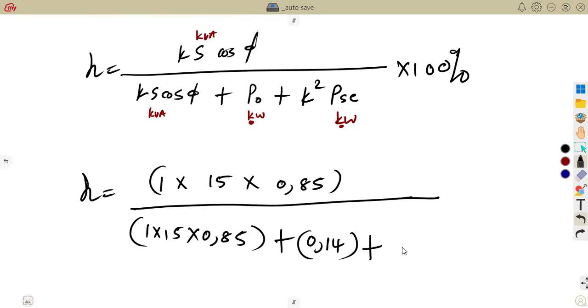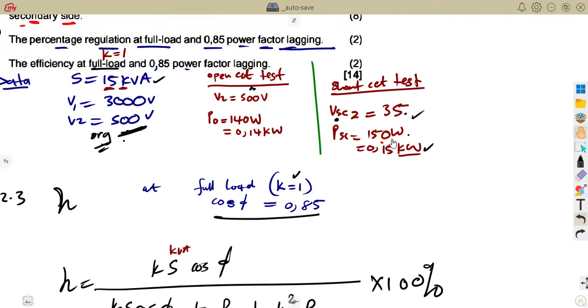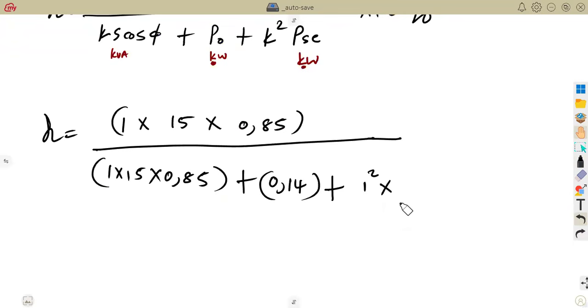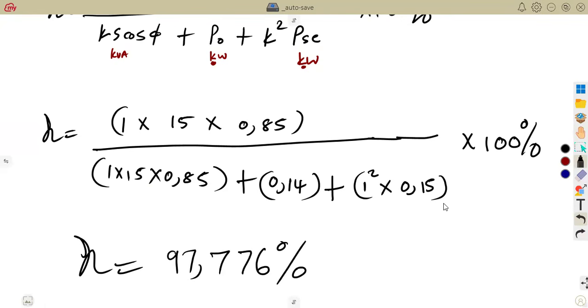K is 1, so 1 squared is just 1. Our short circuit, 150 watts, as kilowatts is 0.15. You can choose to maintain them as they were; it is also in your hands. That gives us an efficiency of 97.776% at full load.